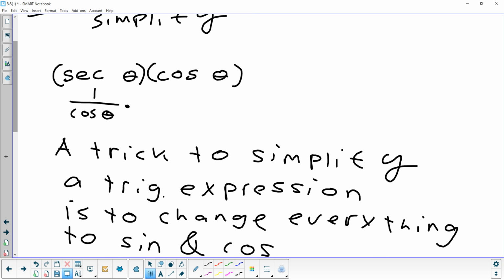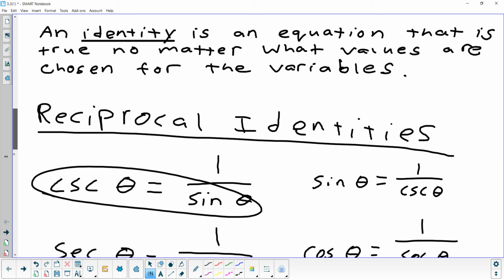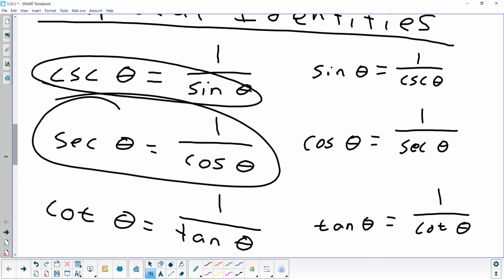So we have 1 over cosine times, let's leave the other one alone because it already is cosine. If it already is a cosine, we're not going to change it. Any question about why secant is 1 over cosine? If you're not sure where we get that from, right there. Secant is 1 over cosine.